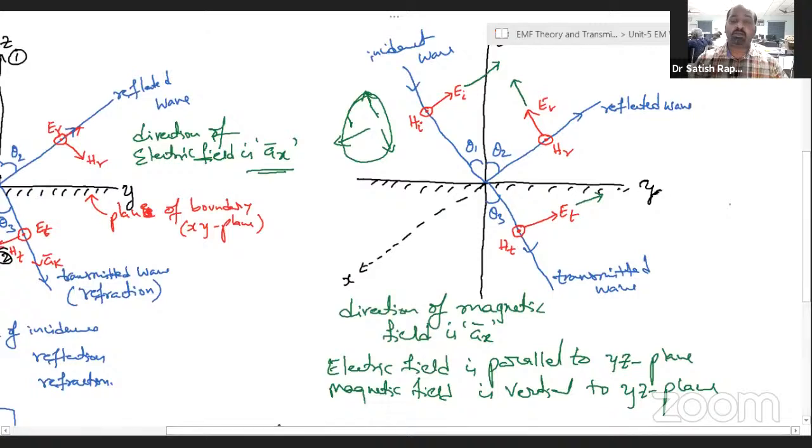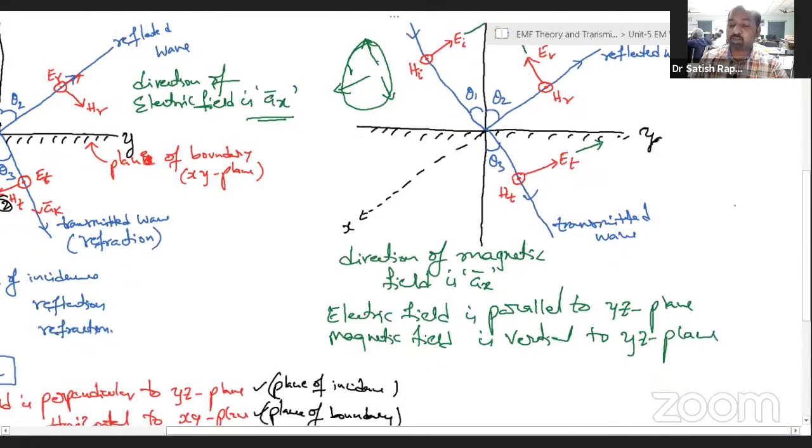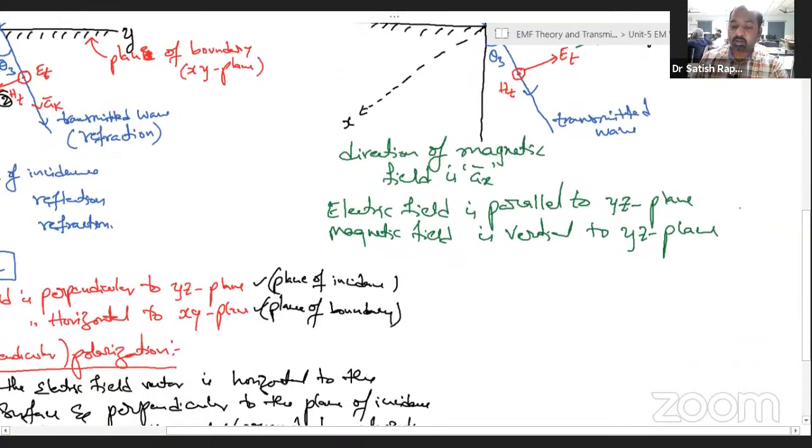YZ plane is nothing but your screen, mobile screen. Therefore magnetic field here how I have indicated here with a dot, right? So with a dot in the sense it is perpendicular to your screen, right?